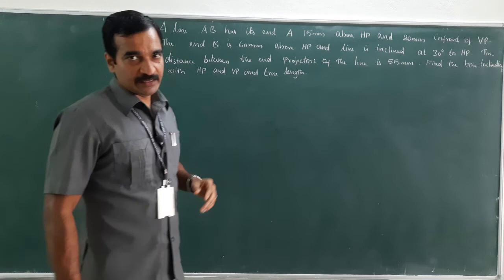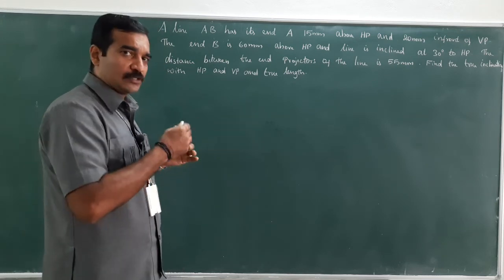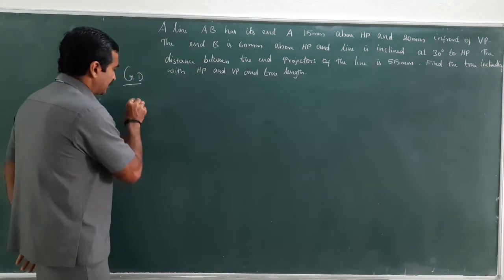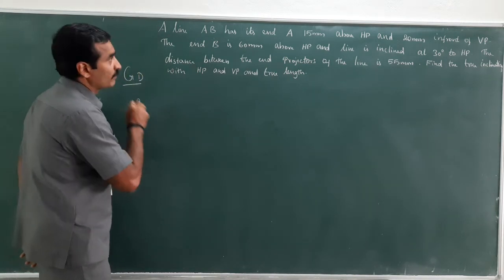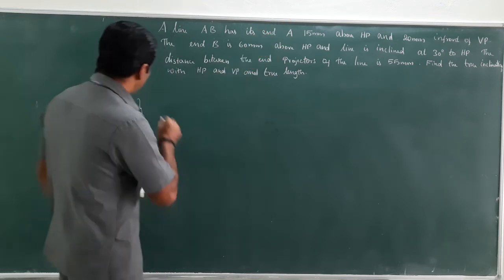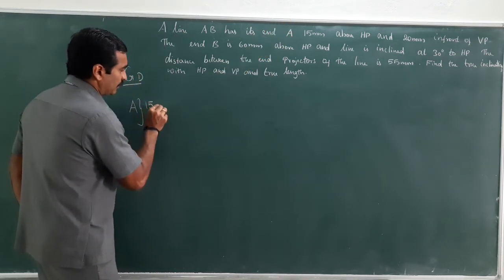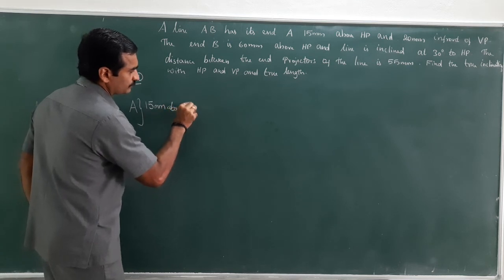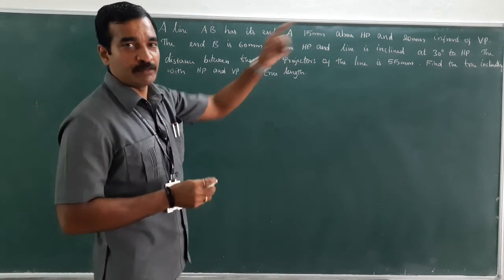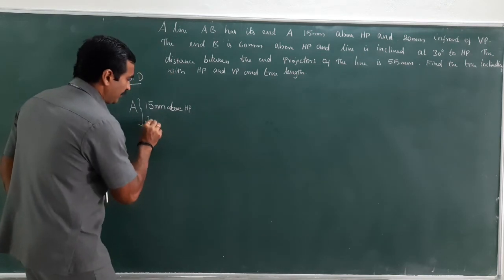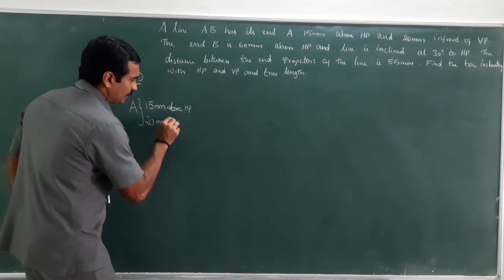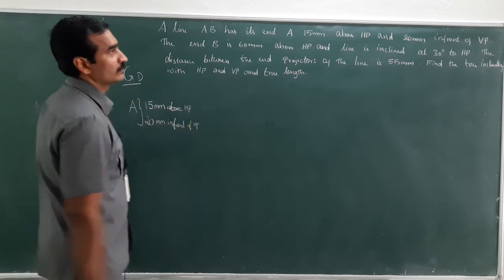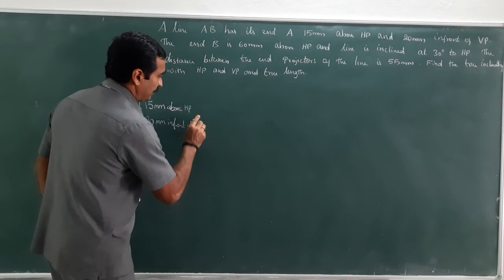One end, the line is nothing but AB, connecting two points, right? So, end A, that means the locus A information: 15 mm above HP and 20 mm in front of VP, right.